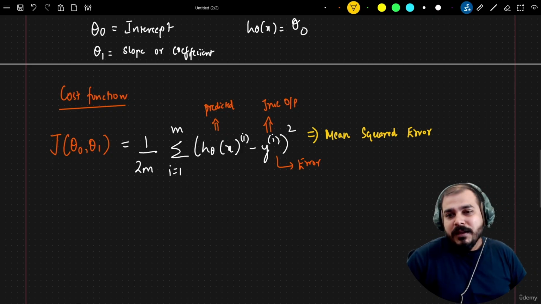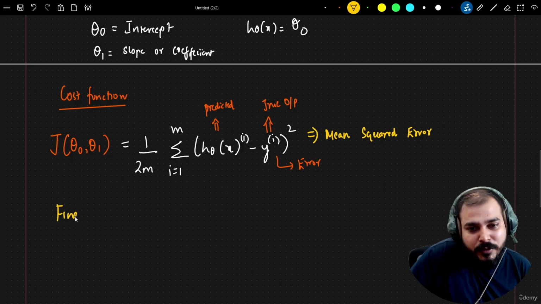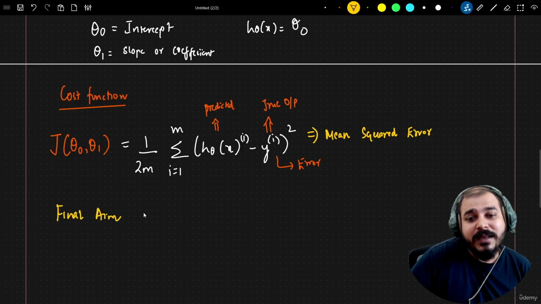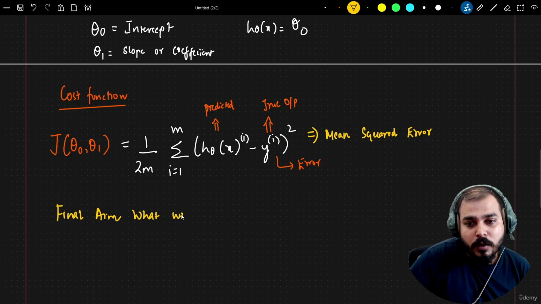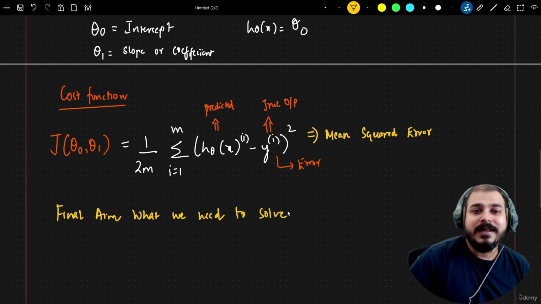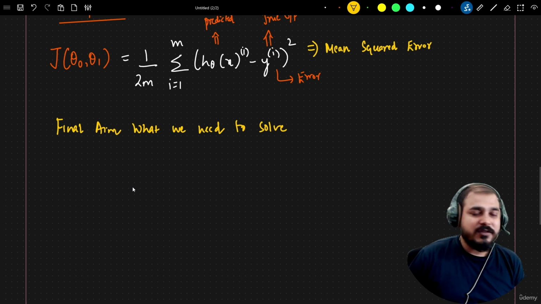So what is our final aim? I'm just going to write out the final aim, what we need to solve. This is super important, and it is only for this that I use the cost function.